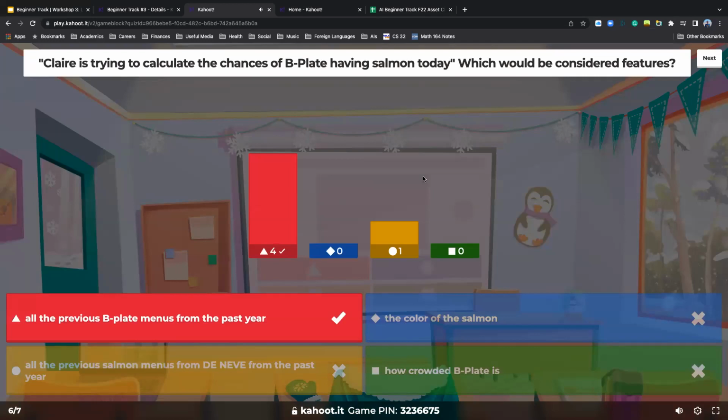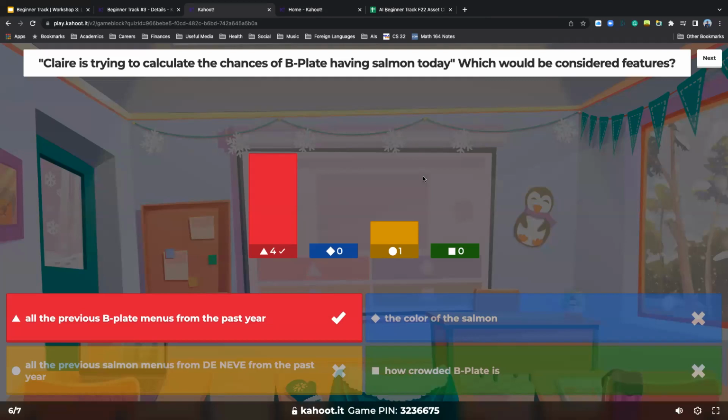Does anyone not like B-Plate? Why don't you like it? I like to fill myself up, and I'm vegetarian, so all you really get at B-Plate is leaves. He's not wrong.